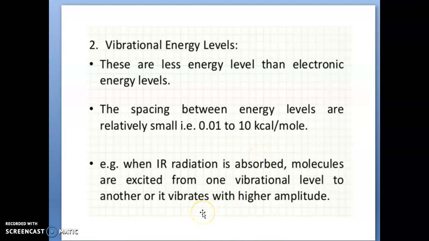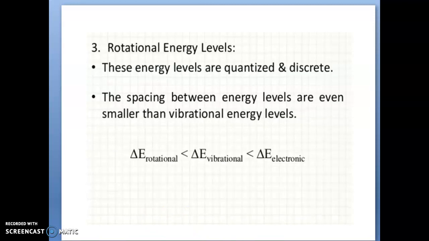When IR radiation is absorbed, the molecule is excited from one vibrational energy level to another and vibrates with a higher amplitude. Next are the rotational energy levels. These energy levels are quantized and discrete. The spacing between them is even smaller than the vibrational energy level spacing.